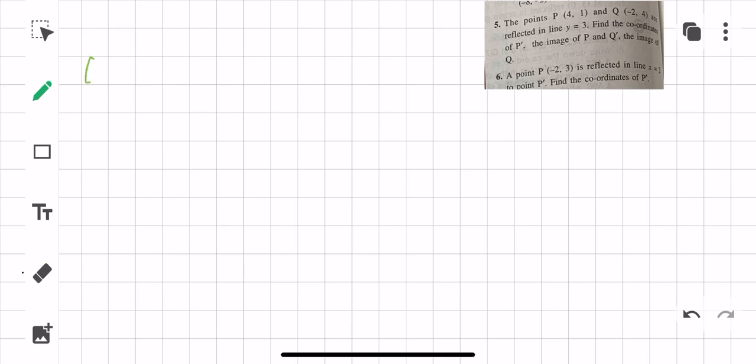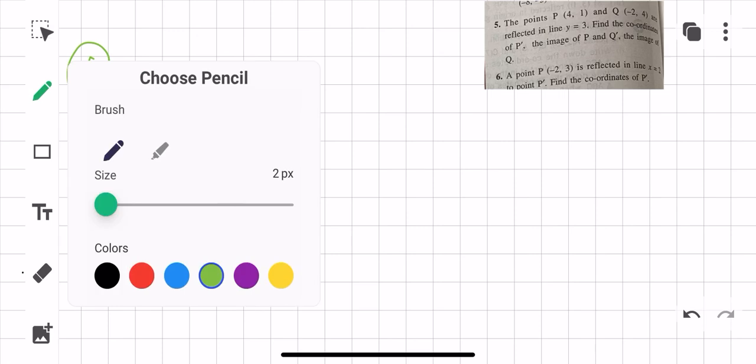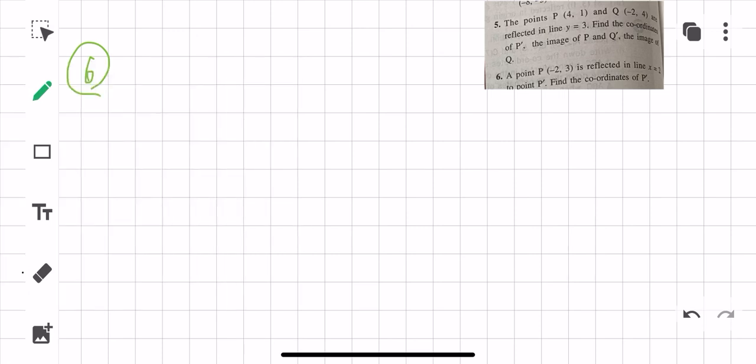So question number 6 says what, children? A point is reflected in the line y is equal to 2. Okay, so now this is another one. So y is equal to 2 means what, children? Sorry, x is equal to 2 means what? It is going to be parallel to the y axis. So this is completely opposite to the one which we have done now. So I'll be drawing a line like this.